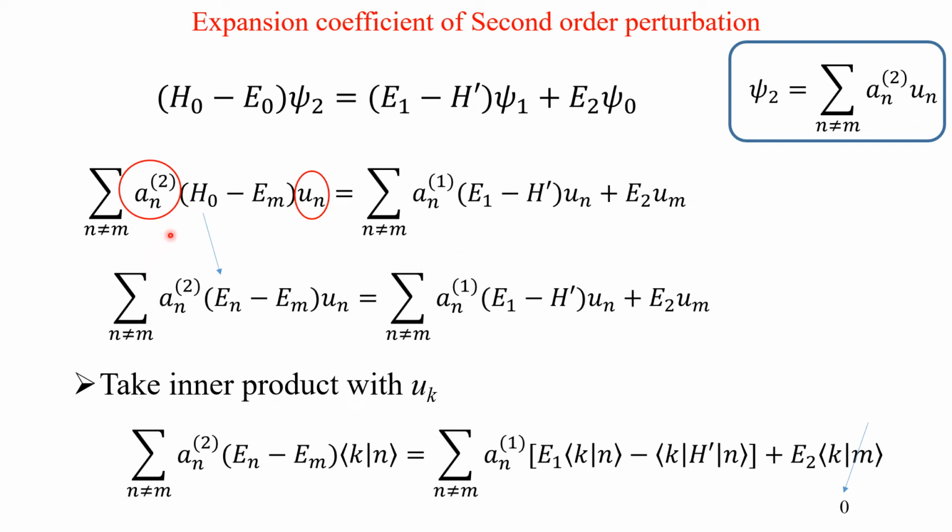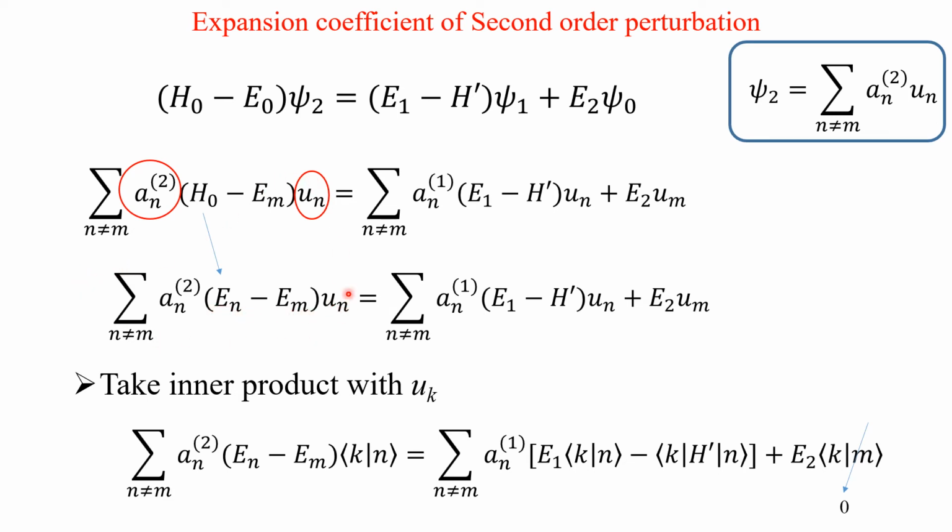Now you can rewrite this. What will happen when H naught acts on un? You will get the energy eigenvalue En, because this is the unperturbed Hamiltonian. That is a well-known fact. So this will become an of 2 (En minus Em) un.